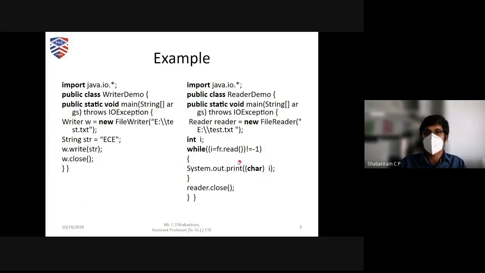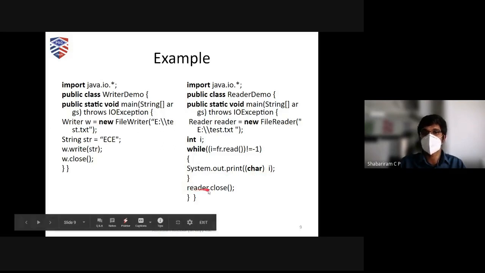If you are taking read, the return type of read method is actually an integer. That's why we are doing the type conversion. For example, if you look at the definition of the read method, the method signature will be int read. That's why we are repeatedly doing the type conversion to print the actual character value.